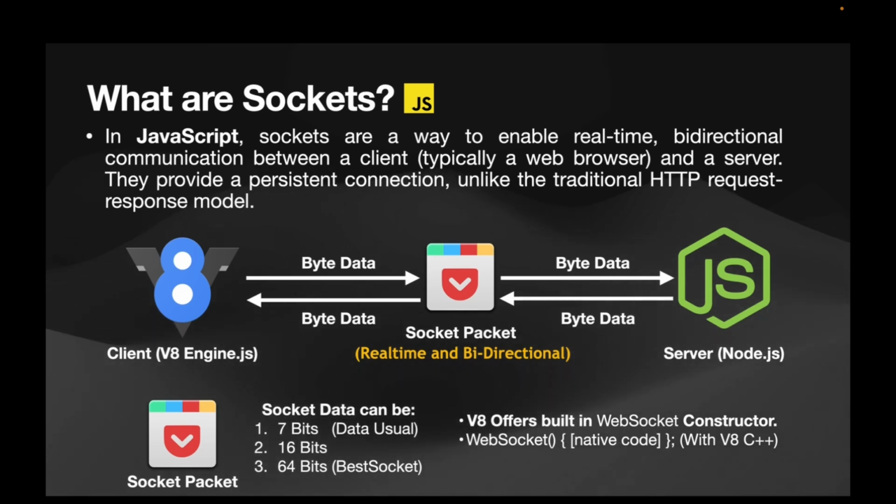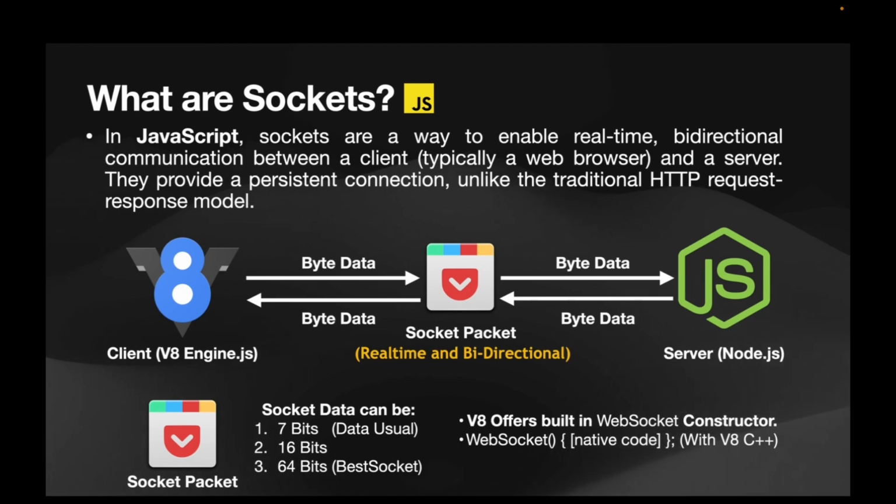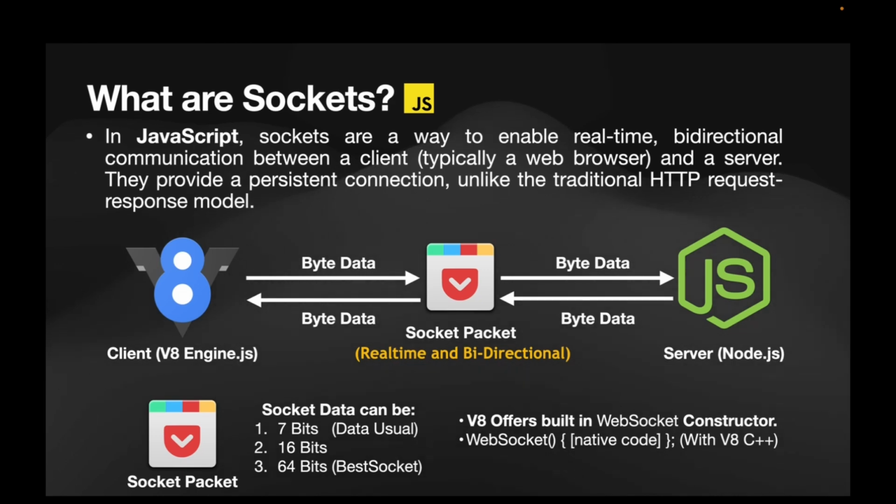It's not used much now, but it was very common back in the day, into the 2000s. 16 bit is the traditional one that we will be using. 64 bits is like almost unlimited data. The packet is limited to 64 bits, so it's basically a huge amount of data that you can transmit. So with BestSockets, you can send with 64 bits of the packet.